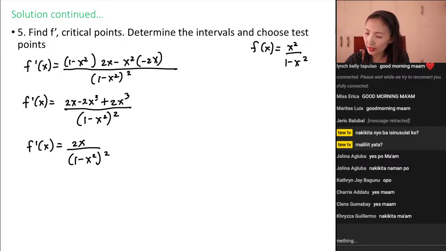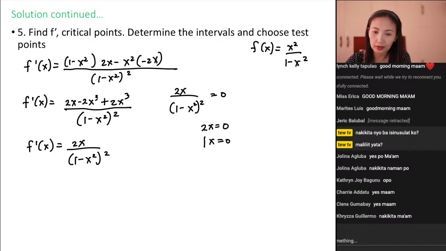So let's first equate it to 0. So 2x all over 1 minus x squared equal to 0. 2x will be 0, x is equal to 0. This is one critical number. However, this is not the only critical number that we have.